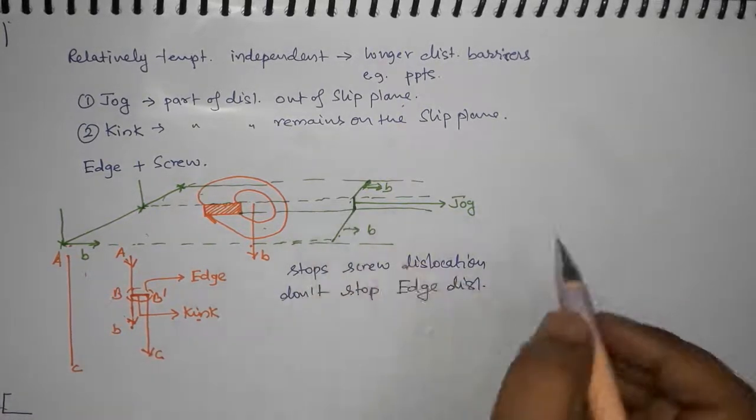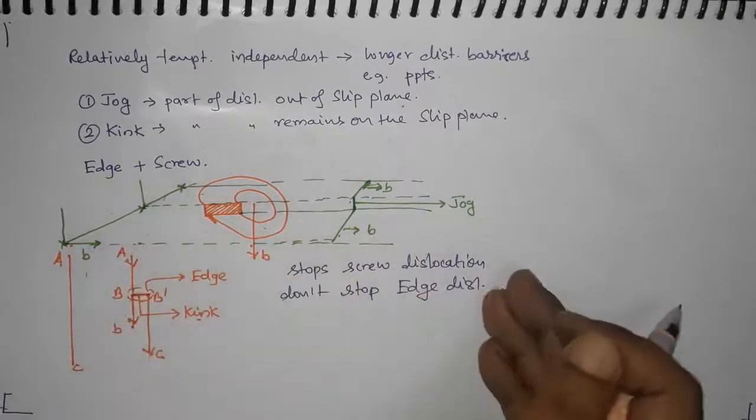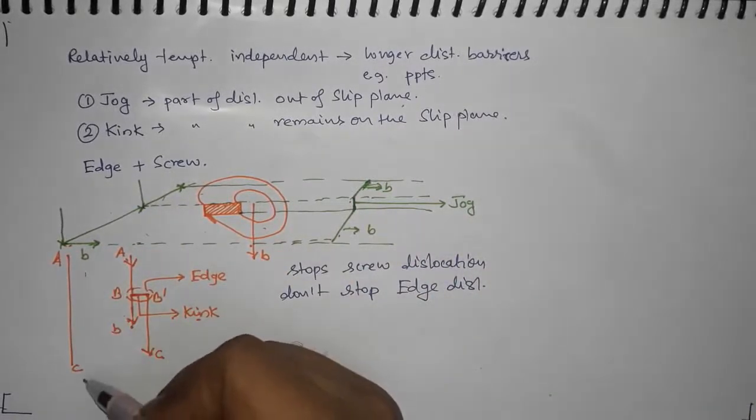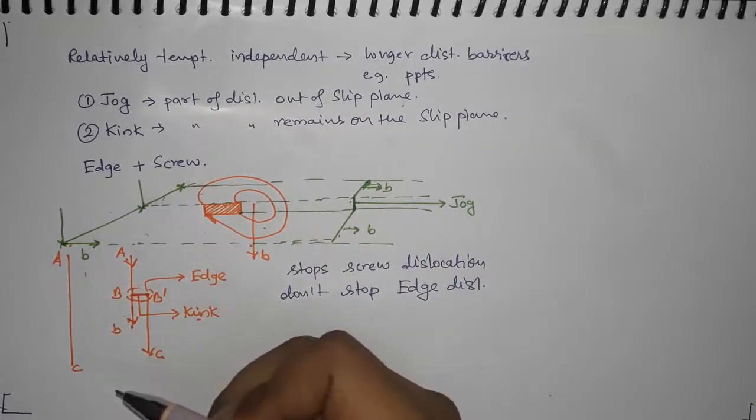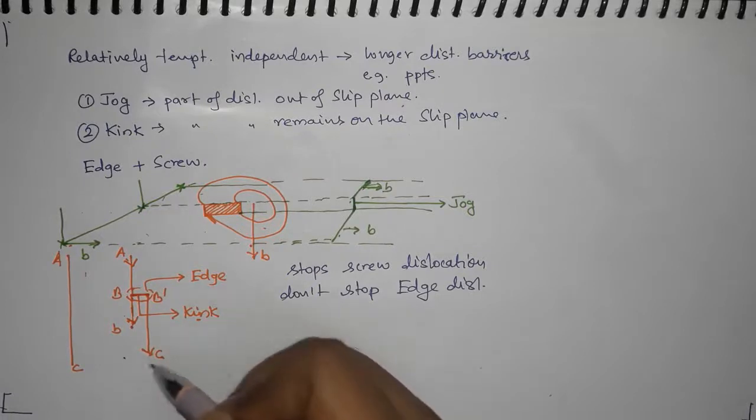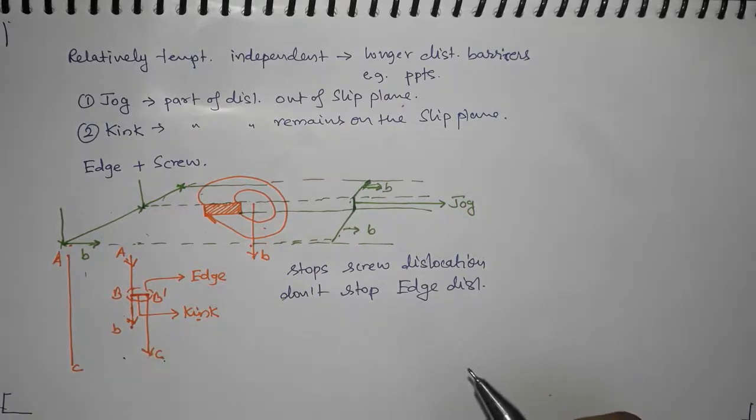You know that an edge dislocation requires a plane for movement. A screw dislocation does not need a plane. A screw dislocation can move in almost any direction, to any plane, as long as that is a slip direction in the system. The better example is BCC.